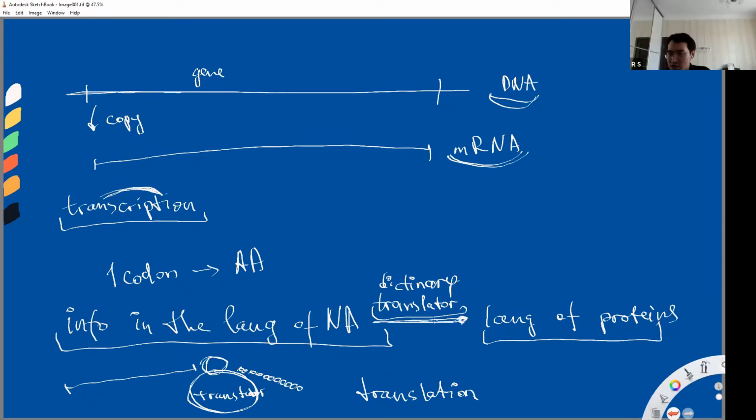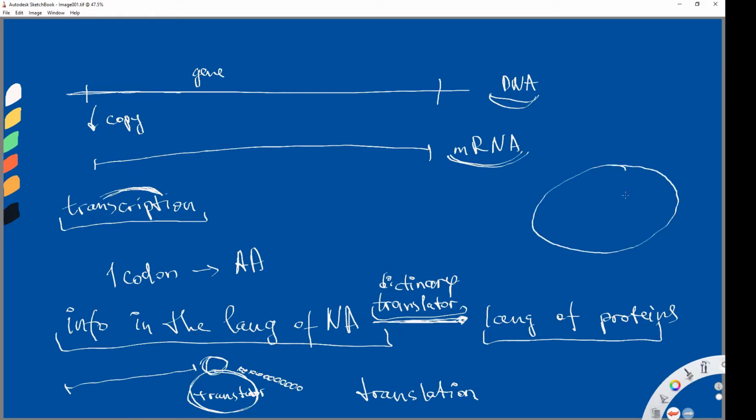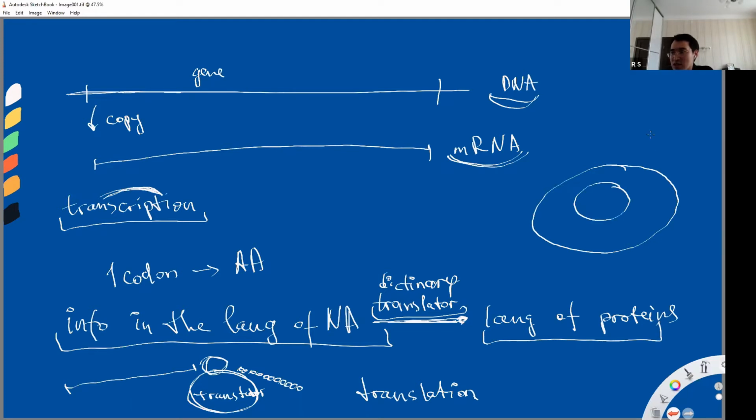Okay, so replication of DNA is needed when we have a cell and it performs division. So this cell will give two daughter cells, daughter cell 1 and daughter cell 2. And usually you really need to give both daughter cells the same genetic information.